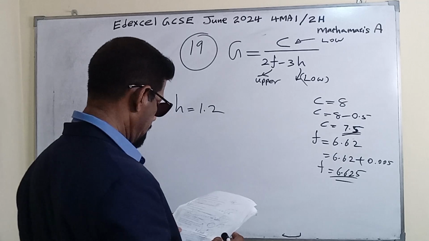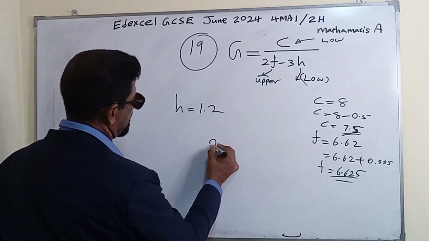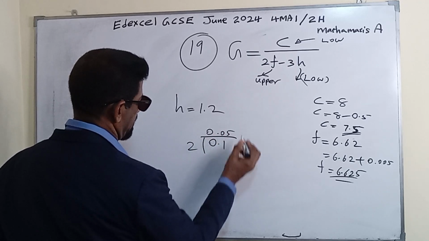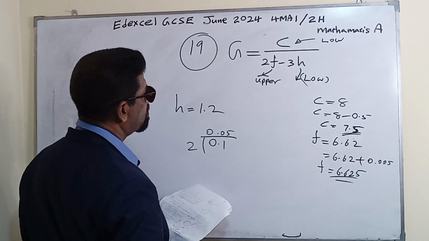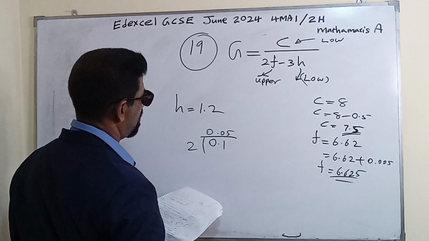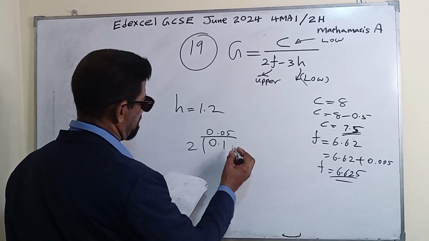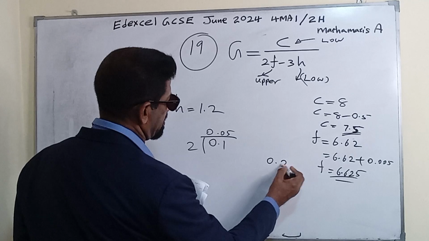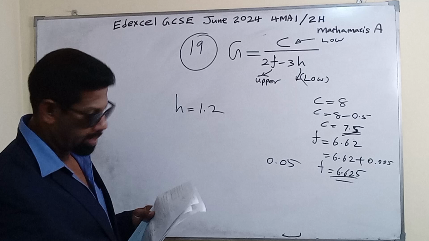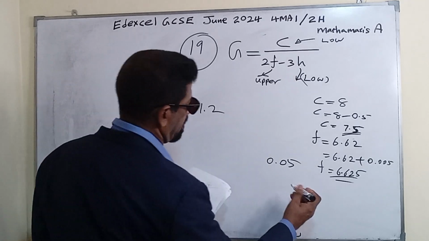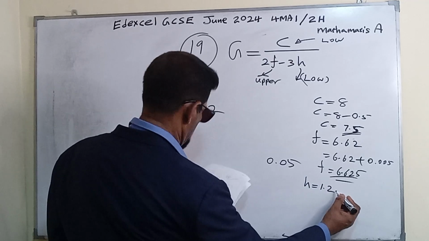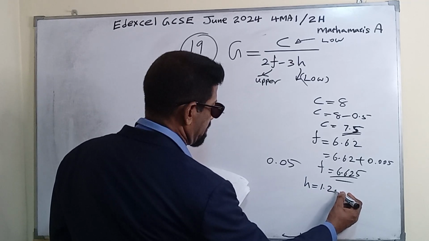Then you take 0.1, 1 decimal place, divided by 2, which is 0.05. So for the H lower bound, you take 1.2 minus 0.05.